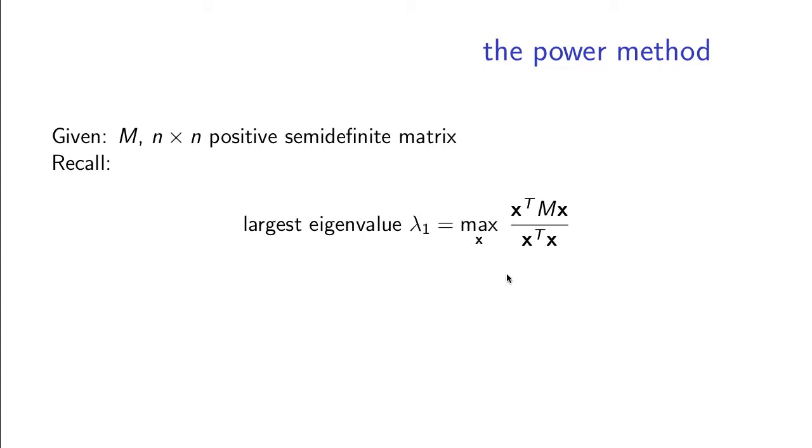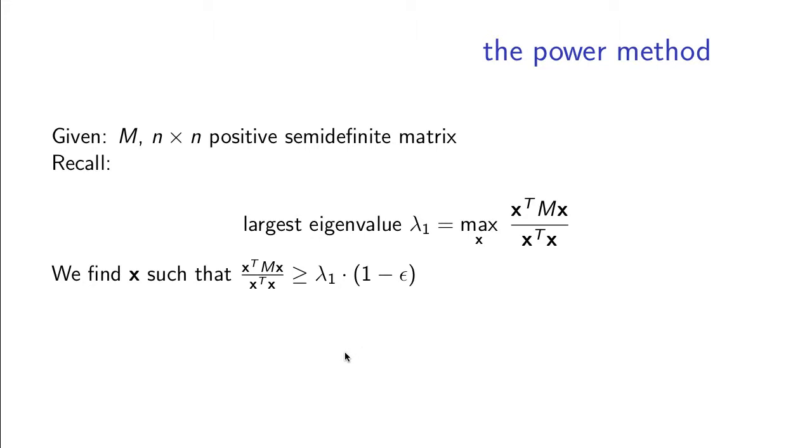Now we will not be able to solve this problem exactly, so we will not be able to compute lambda 1 exactly and to find an actual eigenvector of lambda 1. But we will be able to do the following. We will find some vector x with the guarantee that the Rayleigh quotient of x is at least lambda 1 times 1 minus epsilon.